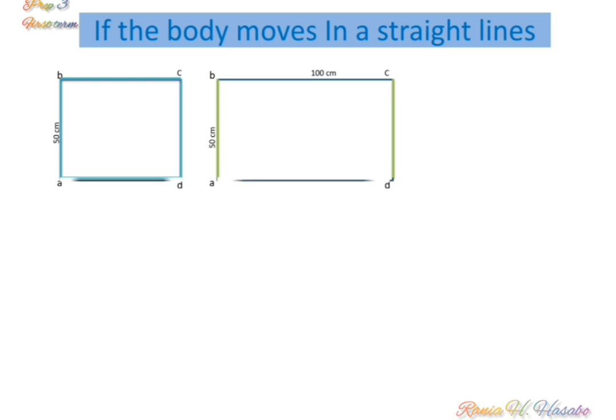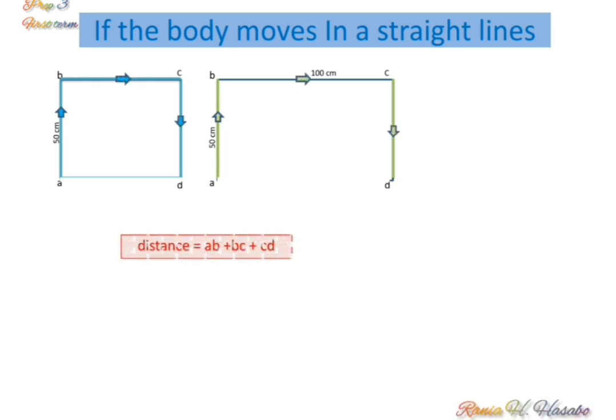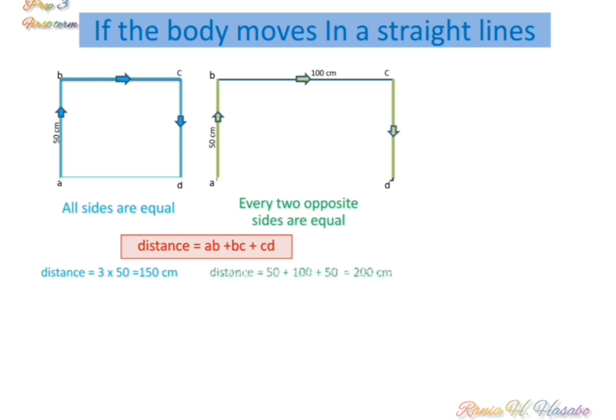If the body moves from A to B to C then to D in three perpendicular directions, its distance equals AB plus BC plus CD. In a square, all sides are equal, so distance equals 3 multiplied by 50, or 50 plus 50 plus 50, which equals 150 centimeters. But in a rectangle, every two opposite sides are equal, so distance equals 50 plus 100 plus 50, which equals 200 centimeters.